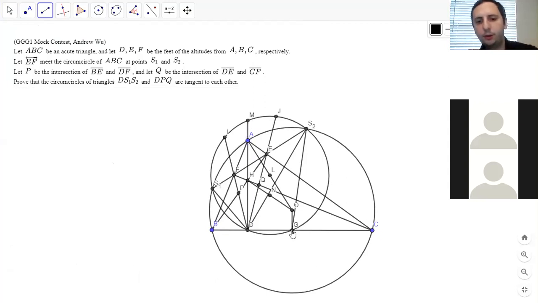Oh, we did use that this circle passed through G, right? So I think we should draw point K because we kind of use that. Yeah, we will have to use that.